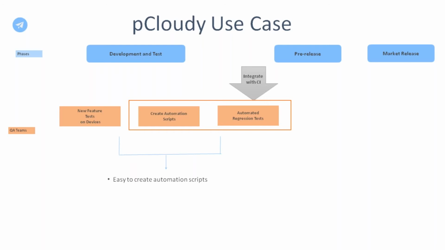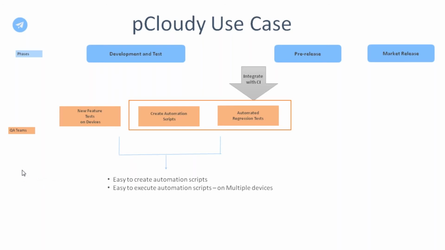And if you really look at it, there are three areas which are covered, and that will be the absolute game changer. One is, of course, easy automation for script creation. Second, you can run the tests on devices in parallel without making changes to complex configurations or files.